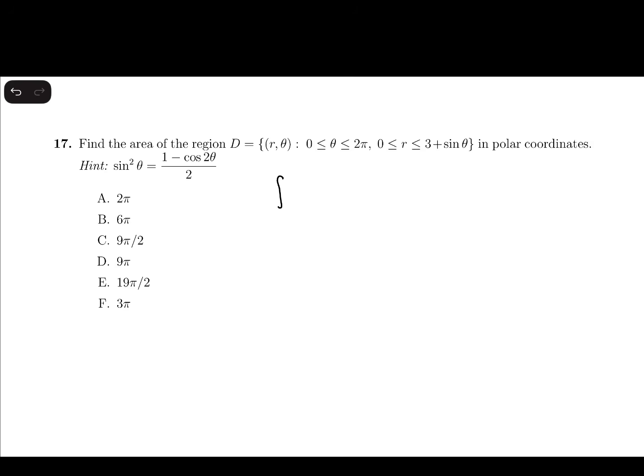We already know that r is from 0 to 3 plus sine of theta, and theta is from 0 to 2 pi. Okay, well, what about our dA? In this case, our dA is just r dr d theta. So let's just write that in.